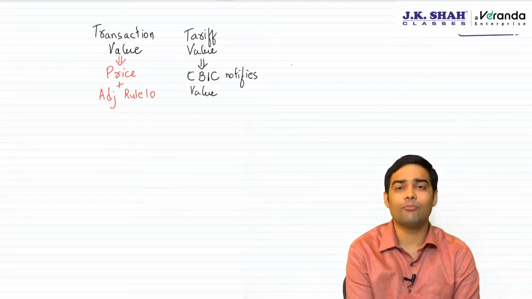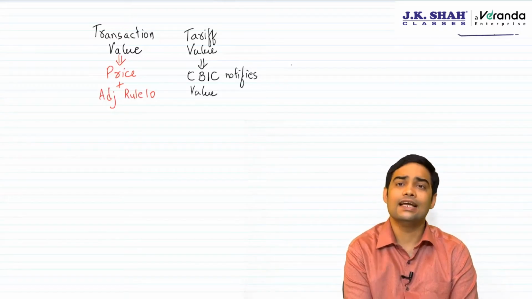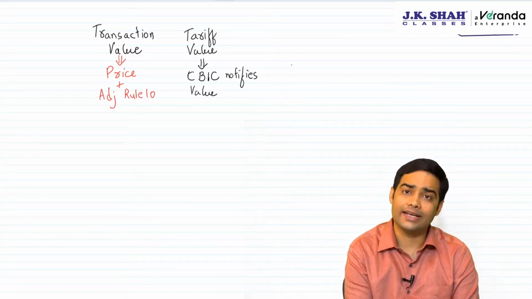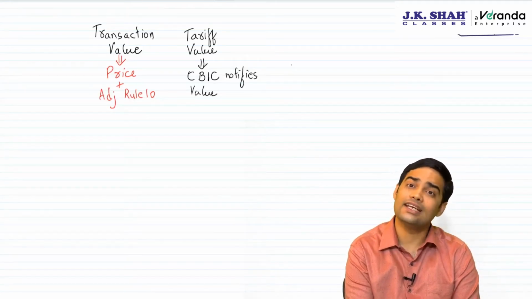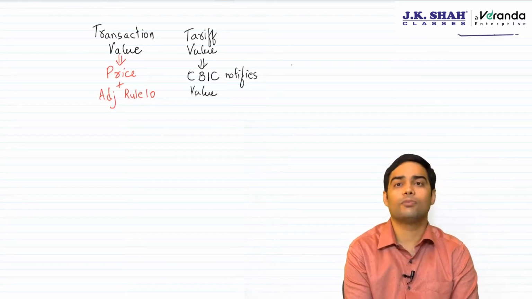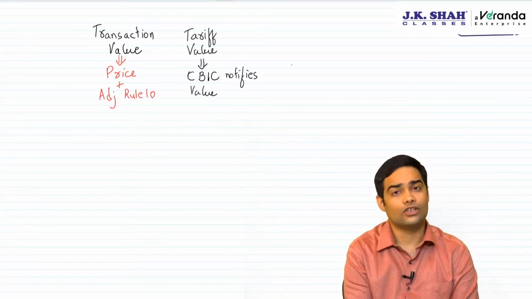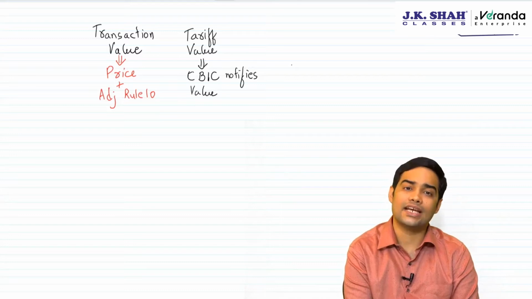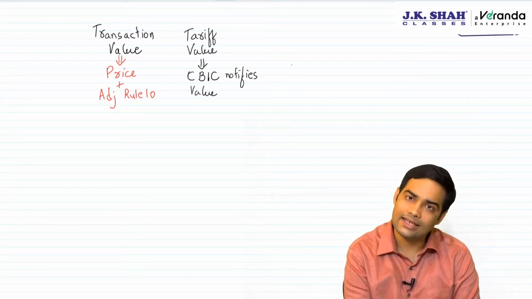Remember one thing very carefully. Say suppose you have imported a product for 100 rupees. CBIC says the tariff value will be 120. You will have to pay custom duty on 120. If CBIC had said 80, still you will have to pay custom duty based on 80. Transaction value will not be relevant in case tariff value is notified by CBIC. Clear with this?